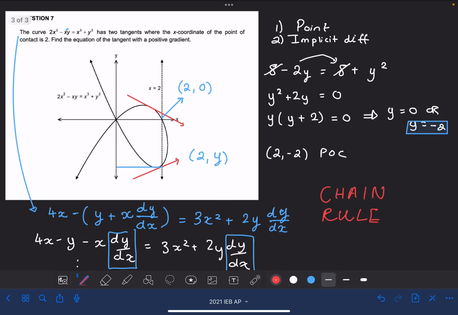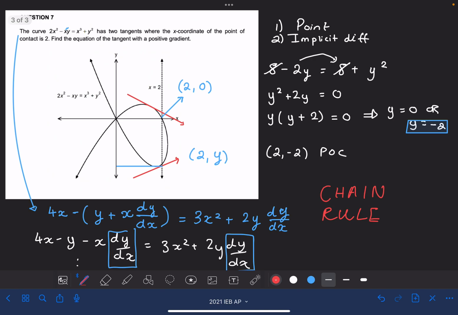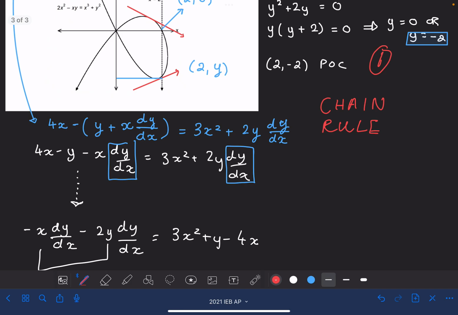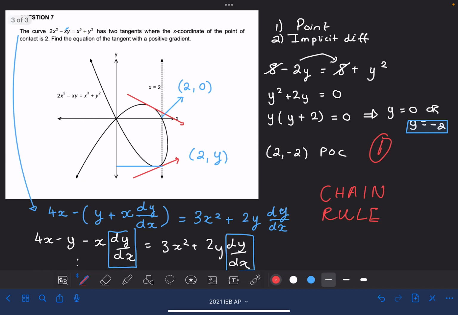Just to reiterate the steps you need to take in this kind of question, your first step would be to find the point of contact for the point you're interested in, being this one where the gradient is going upwards. The second step would be to correctly implicitly differentiate the expression given for this curve, being this one at the top right here.